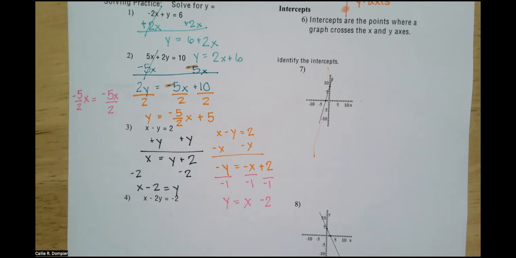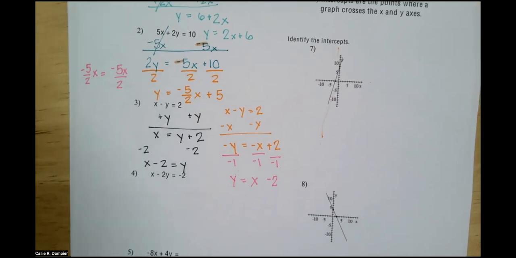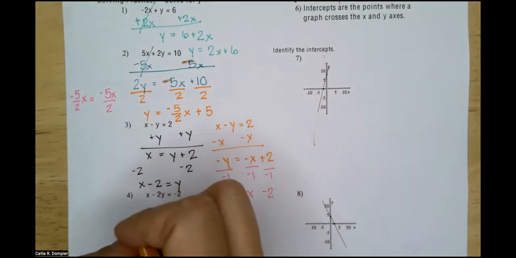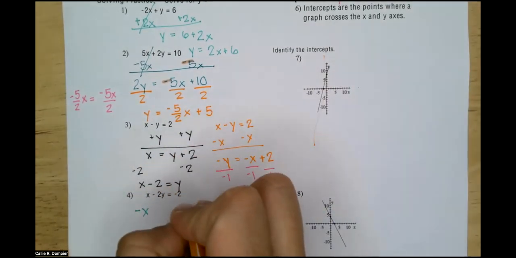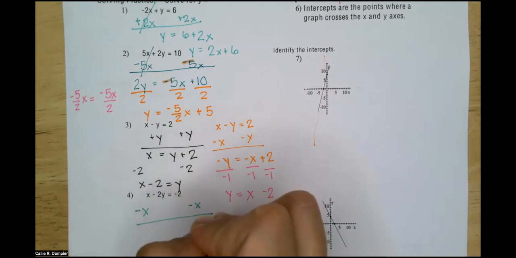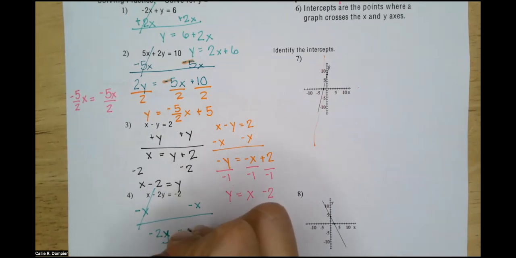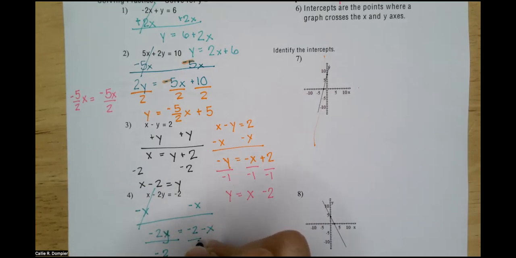Good. Next one is x minus 2y equals negative 2. I want to isolate the y, so I'll subtract x from both sides. I'll get negative 2y, don't forget the negative, equals negative 2 minus x. y is being multiplied by negative 2, so I'm going to divide it by negative 2.